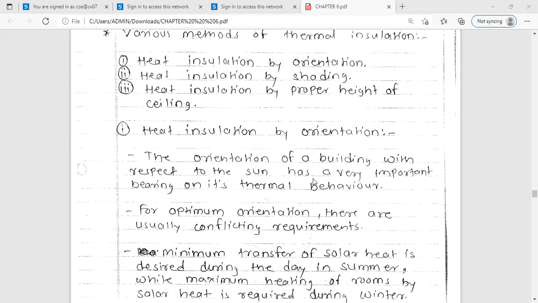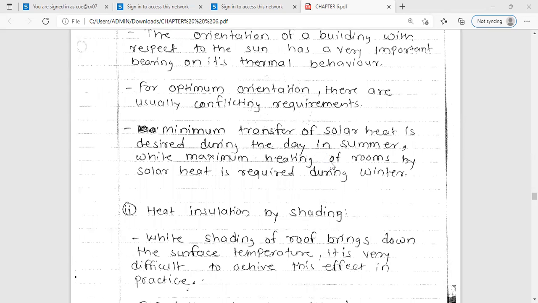The orientation of a building with respect to the sun has a very important bearing on its thermal behavior. Okay, for the optimum orientation, there are usually conflicting requirements. Minimum transfer of solar heat is desired during the day in summer, while maximum heating of rooms by solar heat is required during winter.